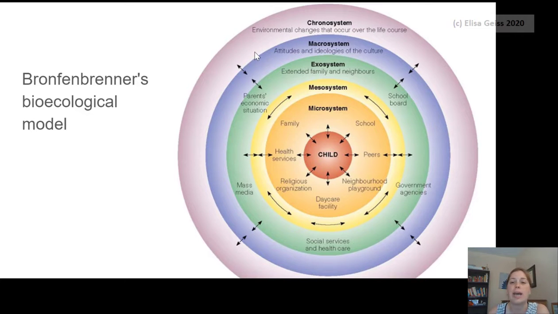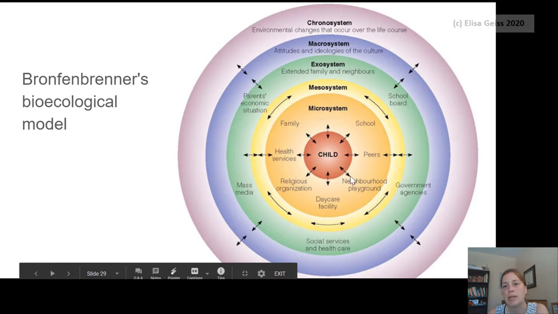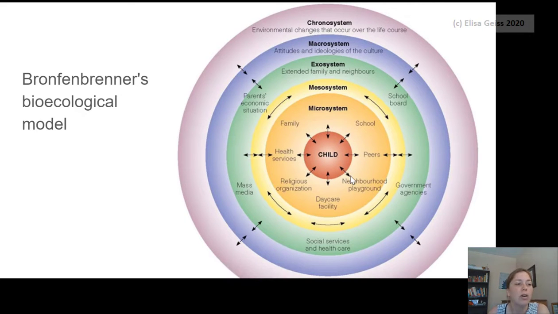Those changes over my life course, or even how we're raised now compared to 20 years ago, might have an influence. But things like our exosystem, our economic status, and where we live, all of those things can have an impact.